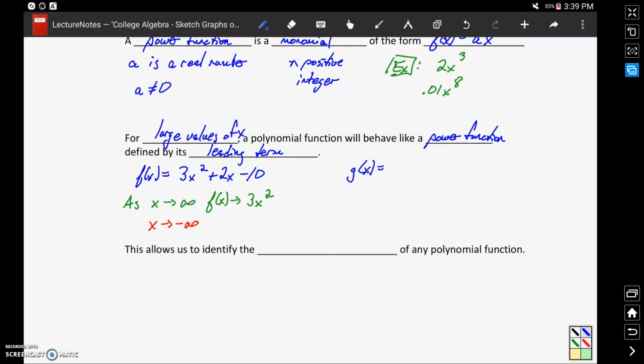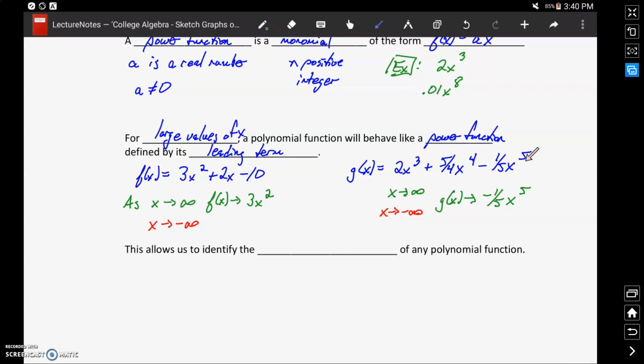In another example, if we consider g of x equal to 2x cubed plus 5/4 x to the 4th minus 1/5 x to the 5th, we could say that as x approaches infinity, or as x approaches negative infinity, so meaning plugging in incredibly large or incredibly small values, then g of x is going to be approaching, in this case, negative 1/5 x to the 5th.